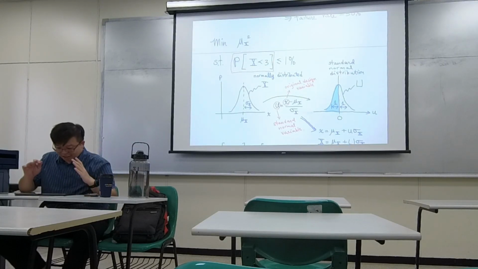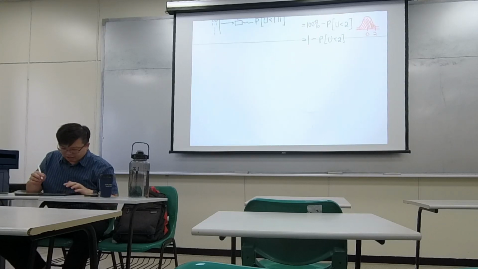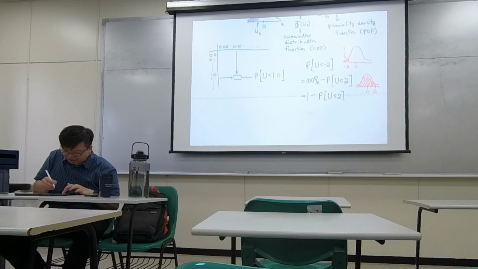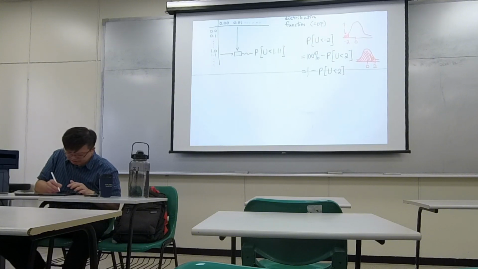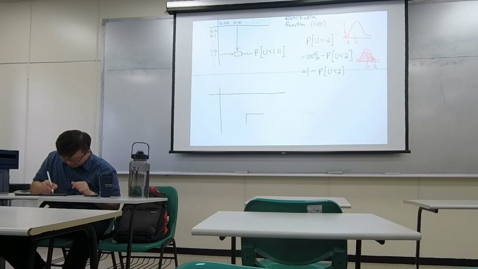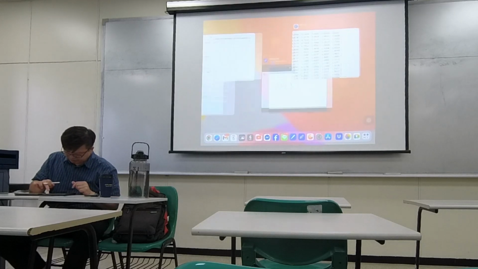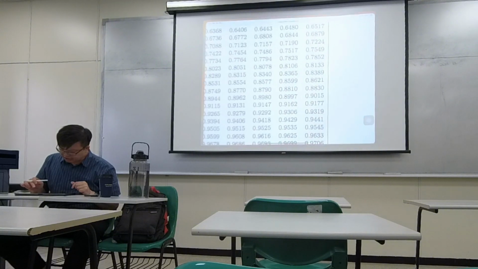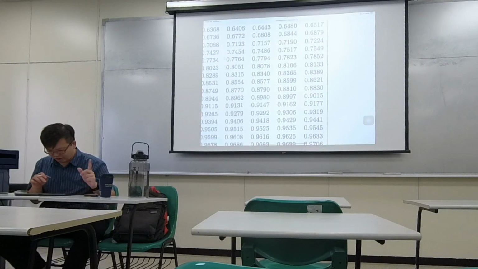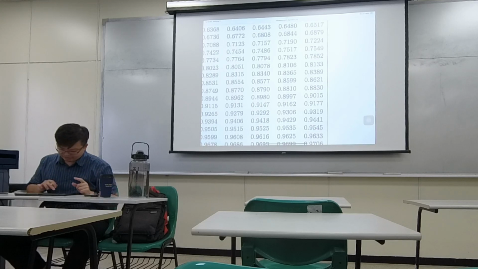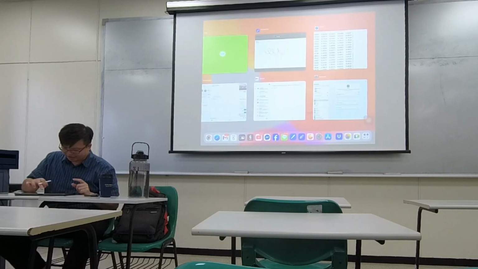Why am I doing this? Let me tell you again. From the standard normal distribution table, I found a spot. It gives me 0.8997. No, I should pick up a greater one. So maybe 0.9015. Better.